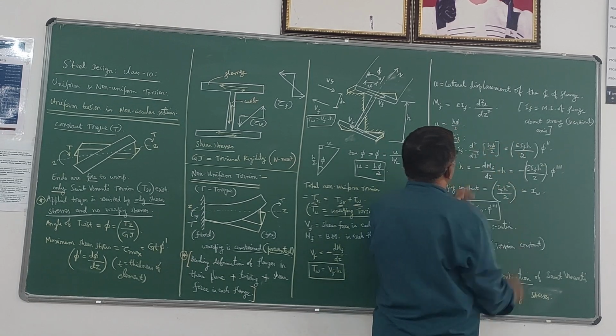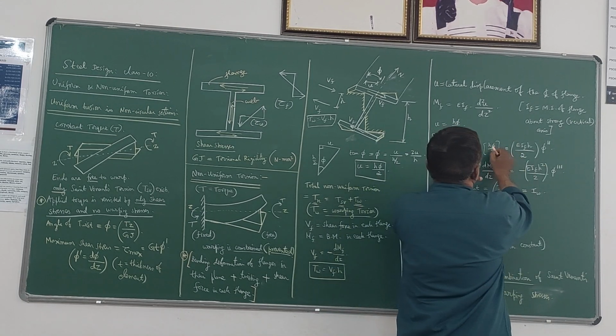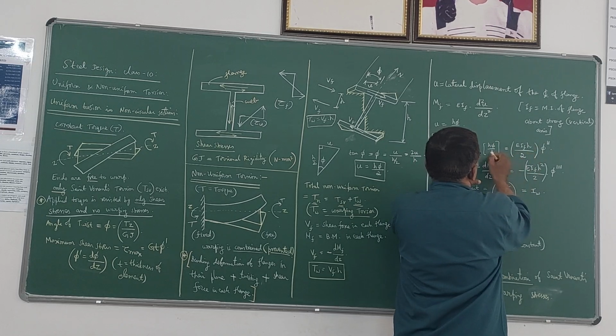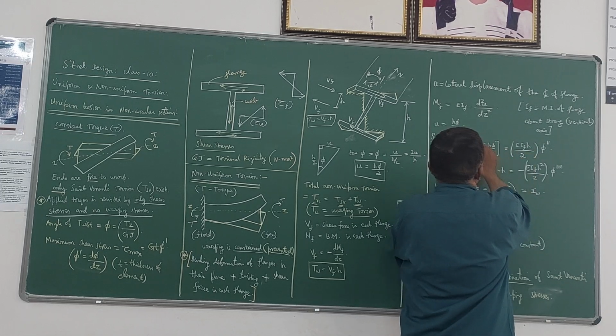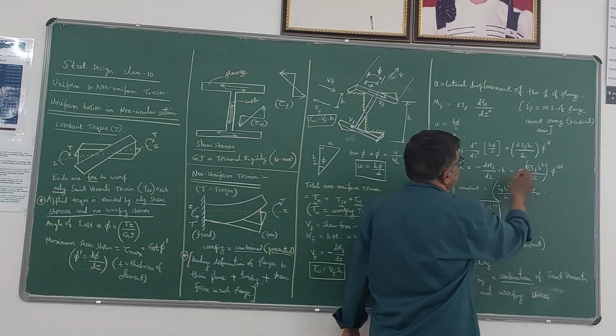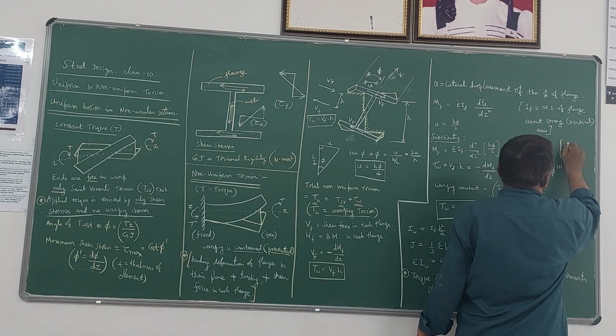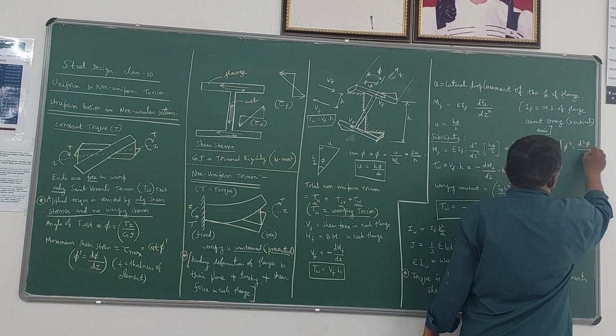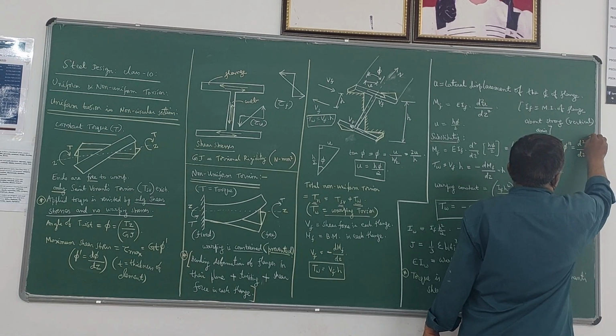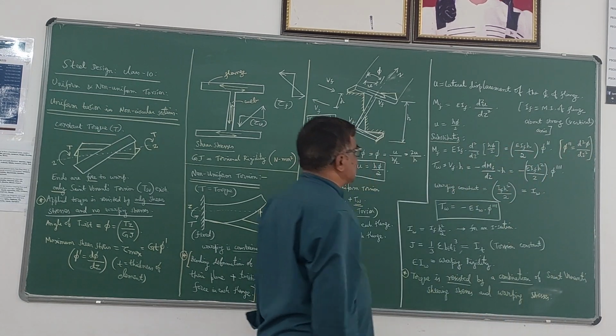If you simplify this, E into IF into h divided by 2 is constant, into d square phi by dz square. The d square phi by dz square can be written as phi double dash. So you will get an equation like this.